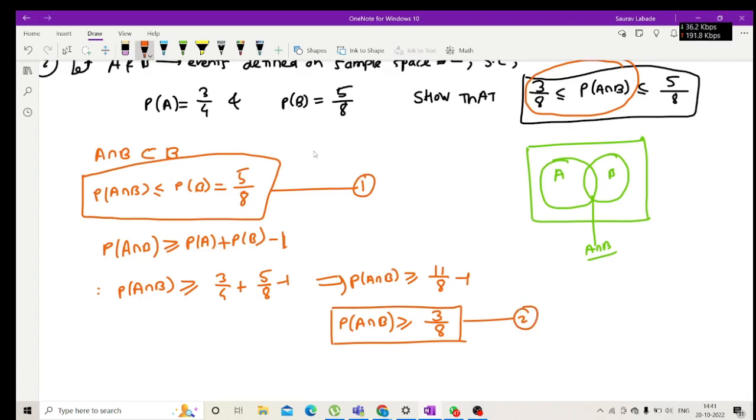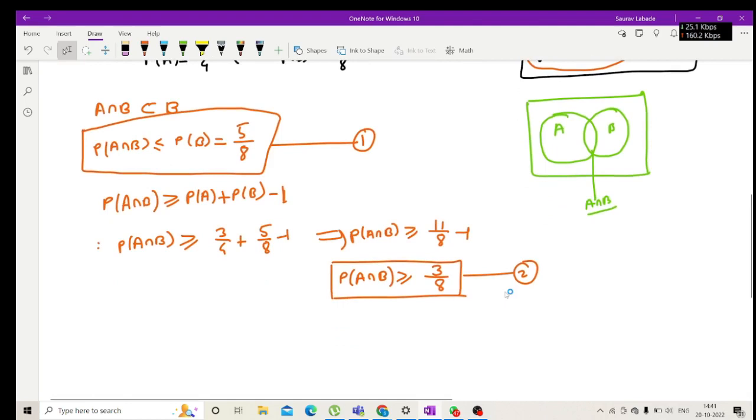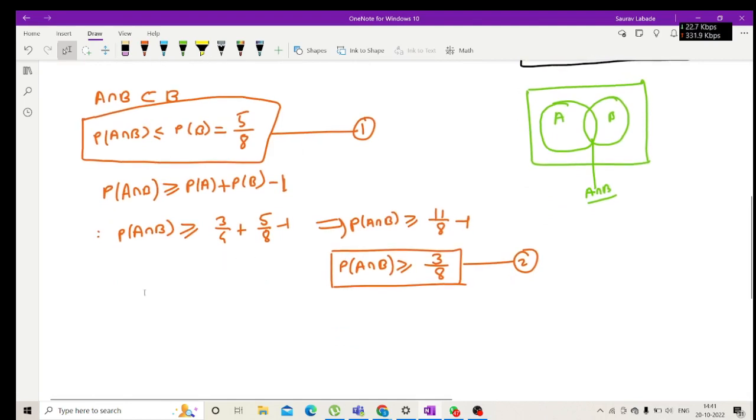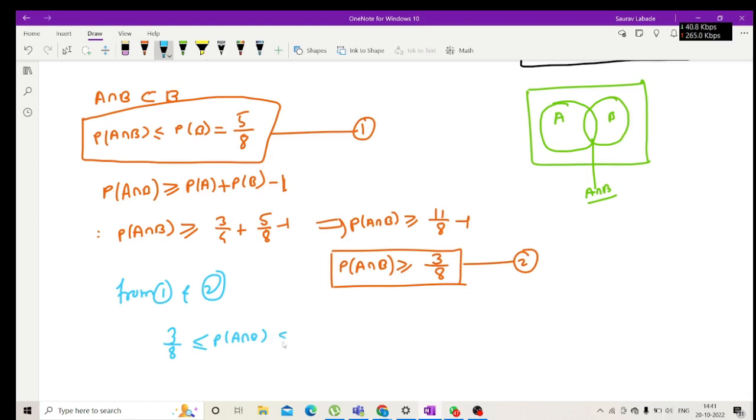From the first and second, I will get 3 by 8 is less than or equal to probability of A intersection B, which is less than or equal to 5 by 8. So this is how we can prove this particular step.